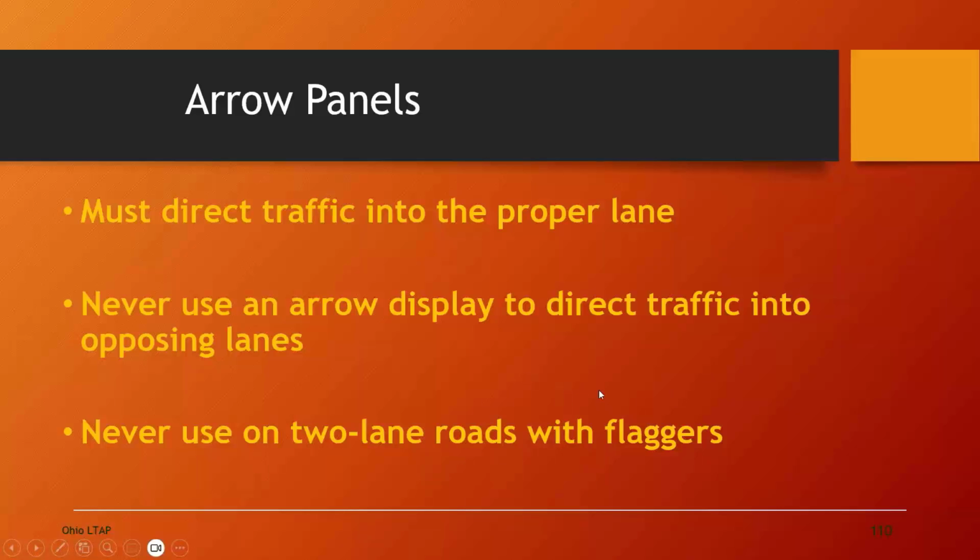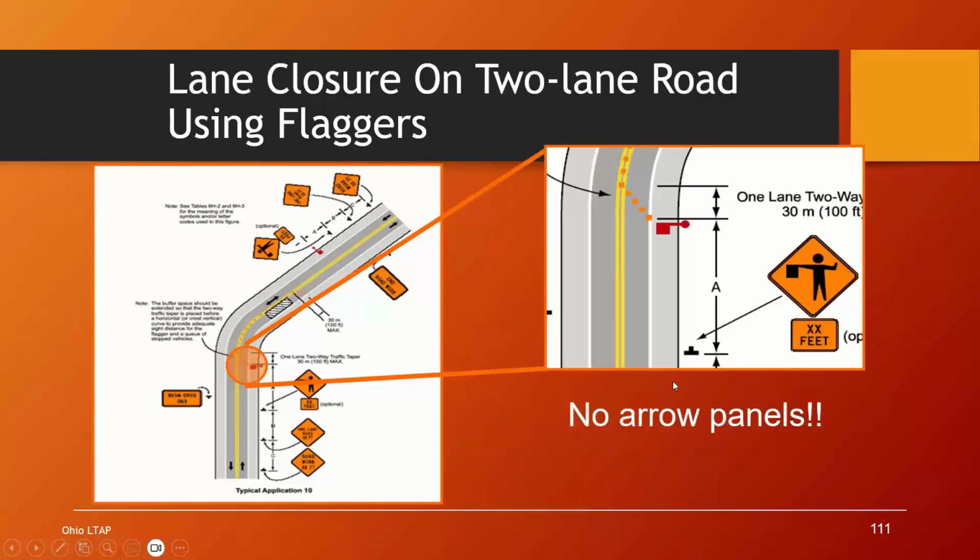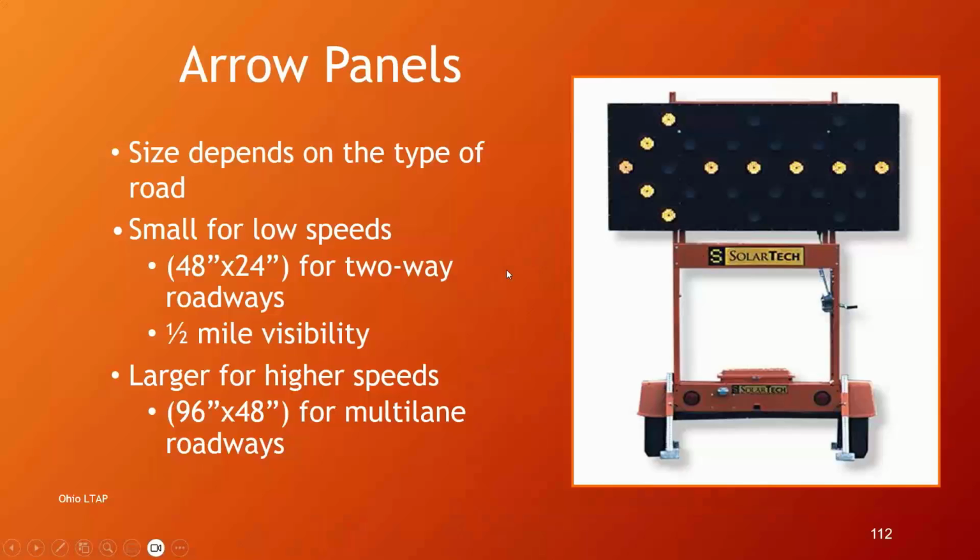One place we never use arrow panels, and that's in a flagging operation. So here's the illustration from typical application number 10 for flagging. You'll see there are no arrow panels shown. Okay, an arrow panel would draw attention away from the flagger, and that would not be good.